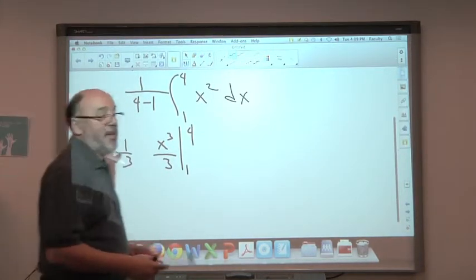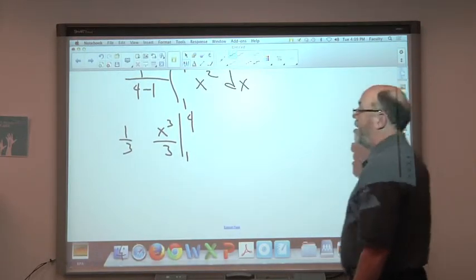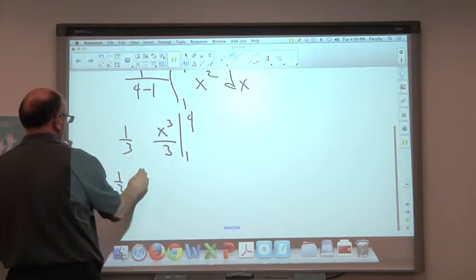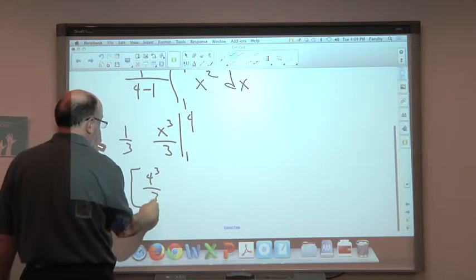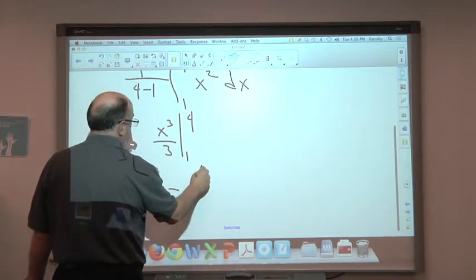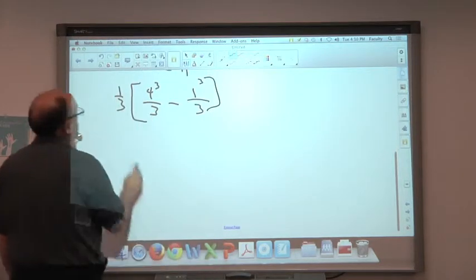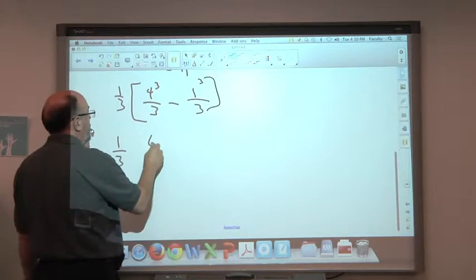The next part is to plug in our numbers and get our value. So this is going to be 1/3 times 4 cubed over 3 minus 1 cubed over 3. 4 cubed is going to be 64.